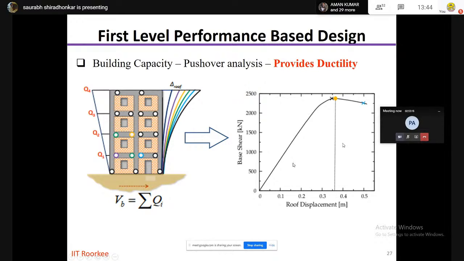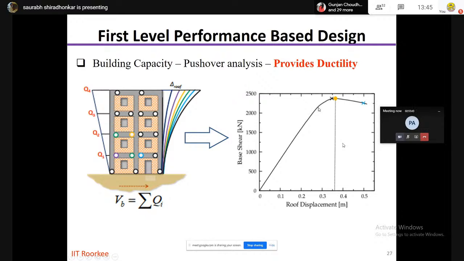Now, this curve is important because, as we have seen with materials, this is our capacity curve of a building, where, as you see, it is linear up to a certain point, and then it gets into the non-linear range. Till the point it is linear, we call it the linear response. And once it gets into the non-linear range, we say it's an inelastic response.